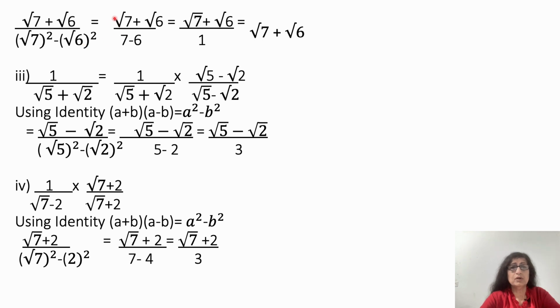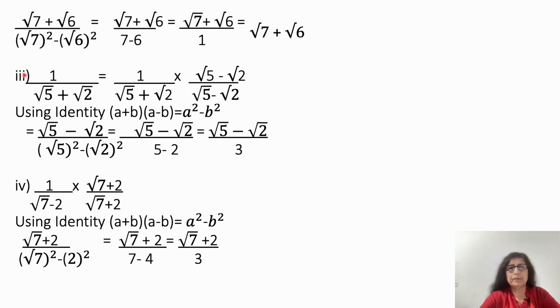Under root 7 square is equal to 7, under root 6 square is equal to 6, 7 minus 6 is equal to 1, and in the numerator we get under root 7 plus under root 6. So the answer is under root 7 plus under root 6.